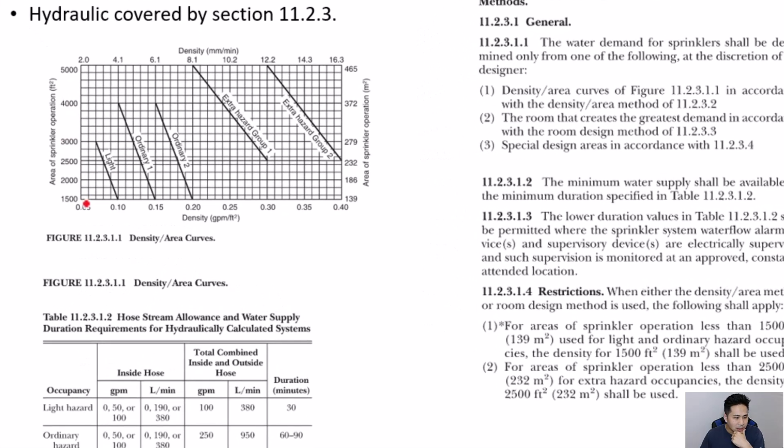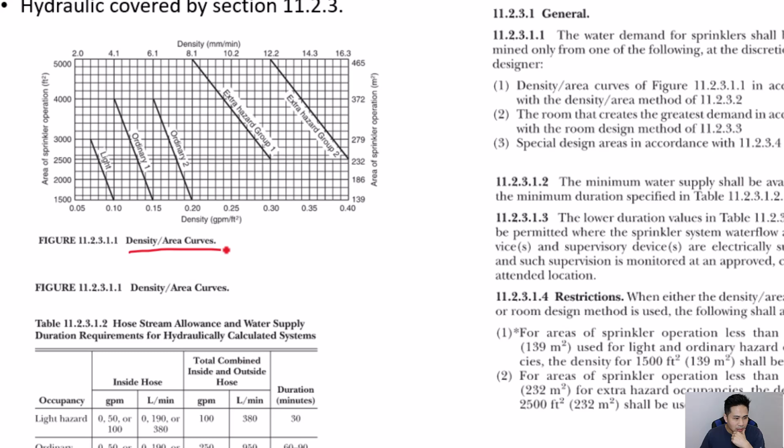So this is the density area curve, and based on the type of occupancy, whether it's light, ordinary 1, ordinary 2, extra hazard 1, or extra hazard 2, you use different densities based on the area that you're applying the hydraulic calculations to. So if the area is 1,500 square feet, you apply 0.1 in this case, 0.15 in this case, GPM per square foot.